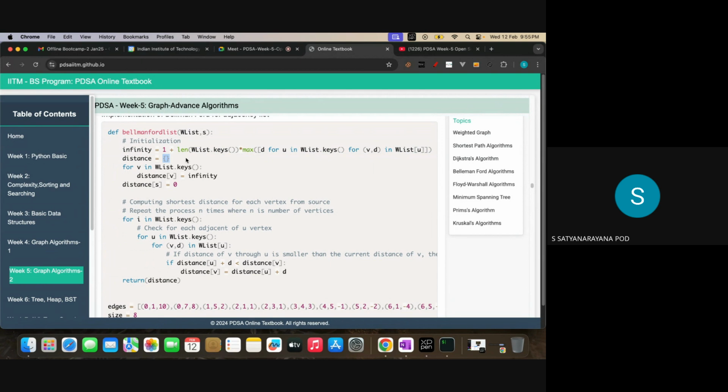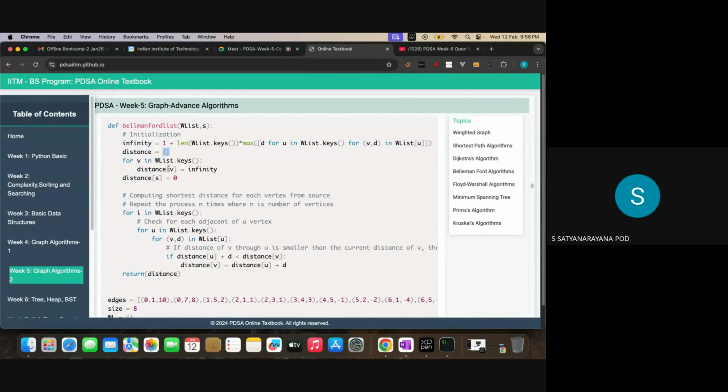Of course, they are not taking a visited array. Don't worry, because they are not printing it, so why use it? Initially all of them are infinite, except the starting vertex. The source vertex they have chosen is 0. You can choose something else, whatever you want.